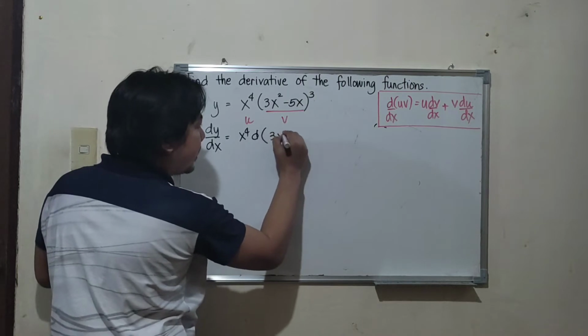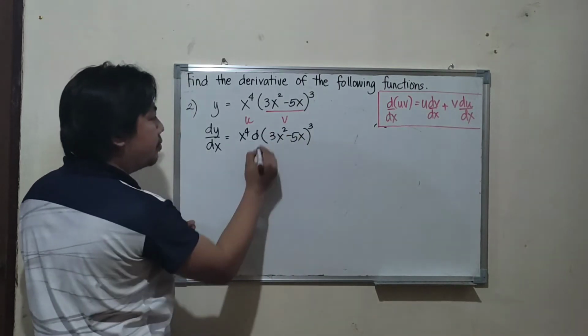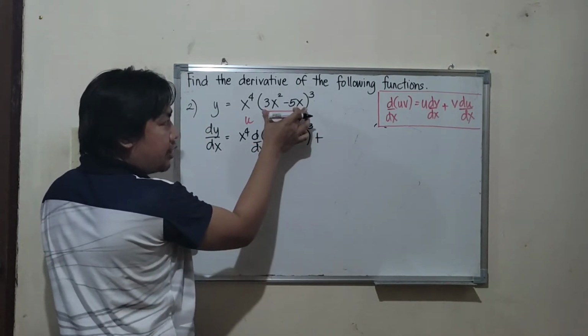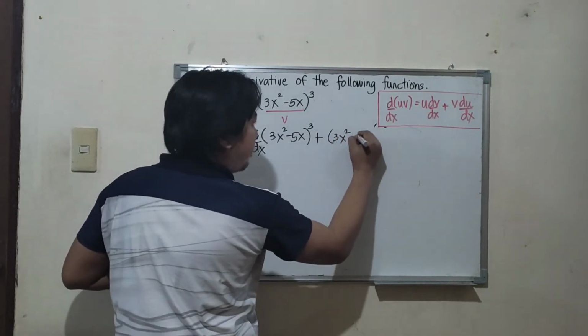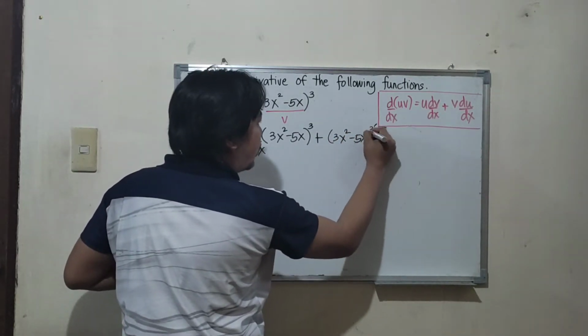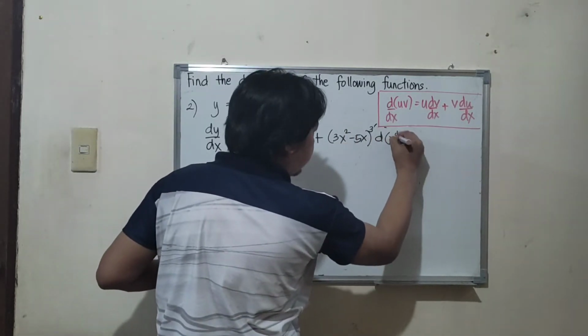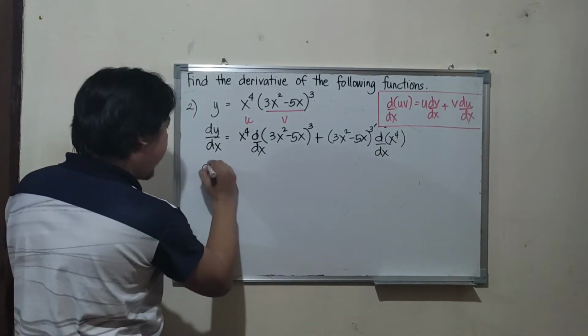So we have 3x squared minus 5x cubed with respect to x. Plus v, so this is the v. We have 3x squared minus 5x cubed times derivative of x to the fourth with respect to x.